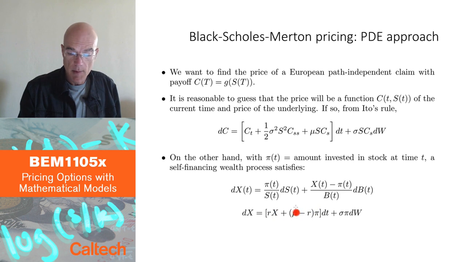Then there is a return rate of the stock depending on how much I invest in the stock, and then there is risk depending on how much I'm invested in the stock. This is then the formula in the Black-Scholes model for the dynamics of my wealth process if I'm keeping pi of t at every moment t in the stock. I'm not writing t's here, but you know what I mean.